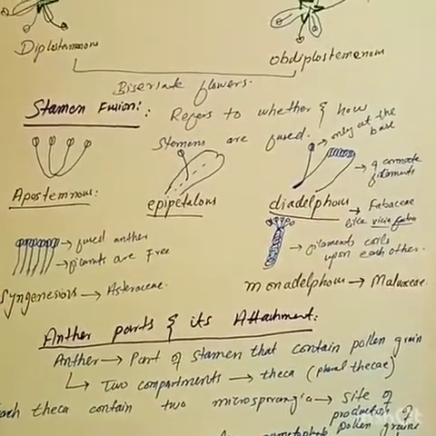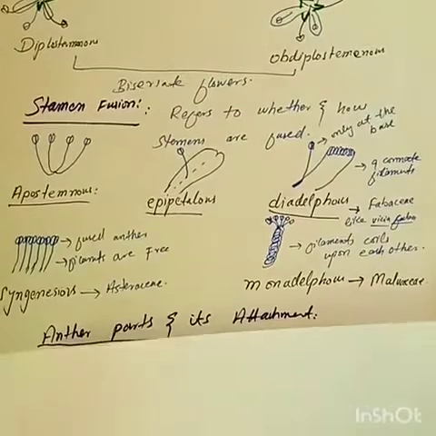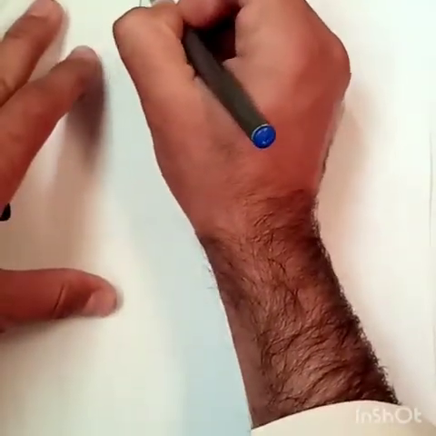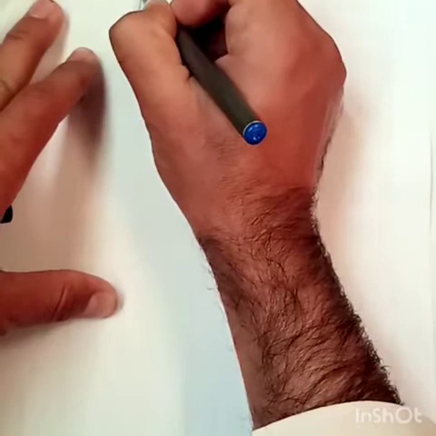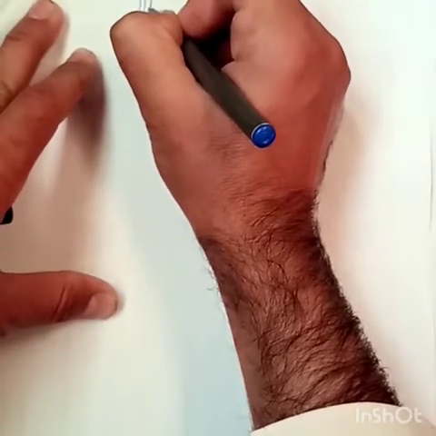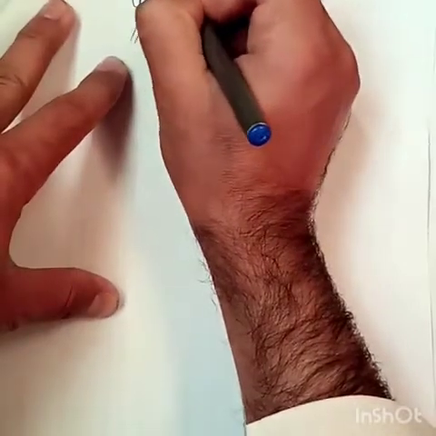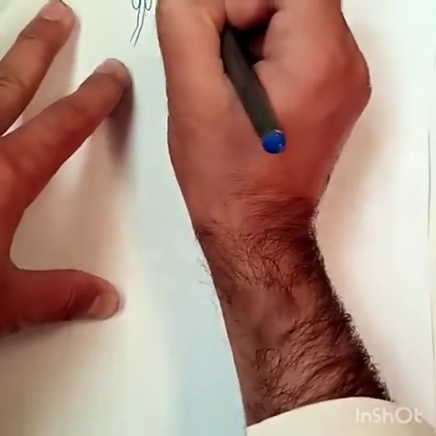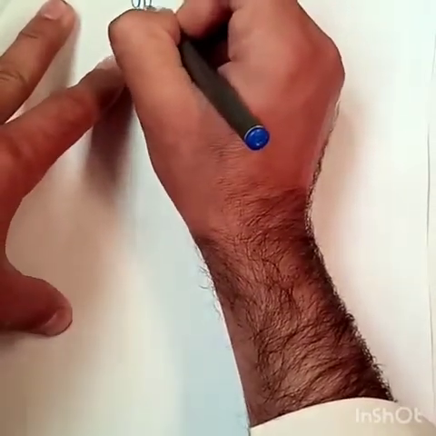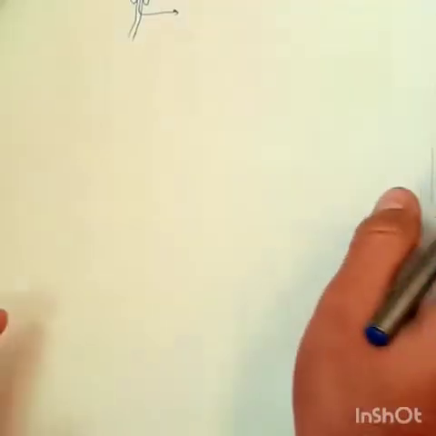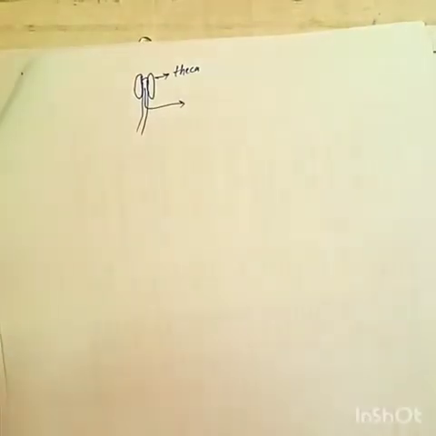Now look at the structure of anther. This is the filament. These are the theca, two in number. Theca, they are bilobed.